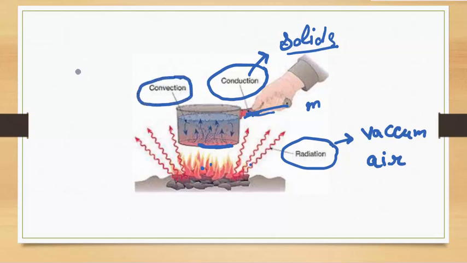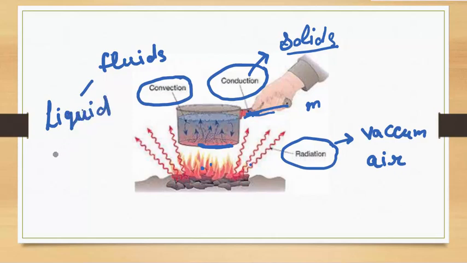So convection occurs in fluids, and you know fluids are of two types, that is liquid and gas. Liquid and gas both are fluids, and in fluids the mode of heat transfer is convection.